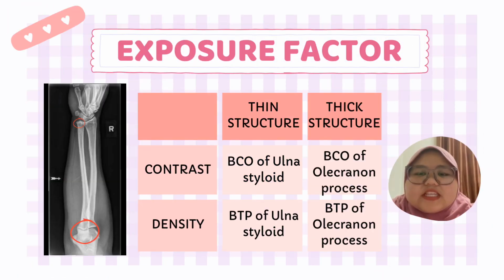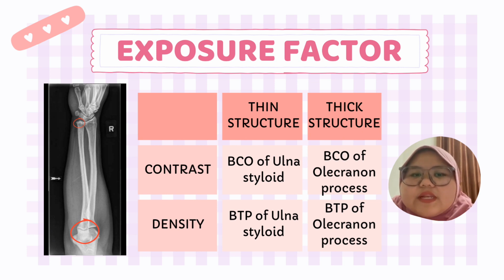Next, for the exposure factor, there are certain parts that we will look into. For example, for the radius ulna, for contrast, the thin structure that we will look at is the bony cortical outline of ulnar styloid, and the thick structure for contrast is the bony cortical outline of olecranon process.